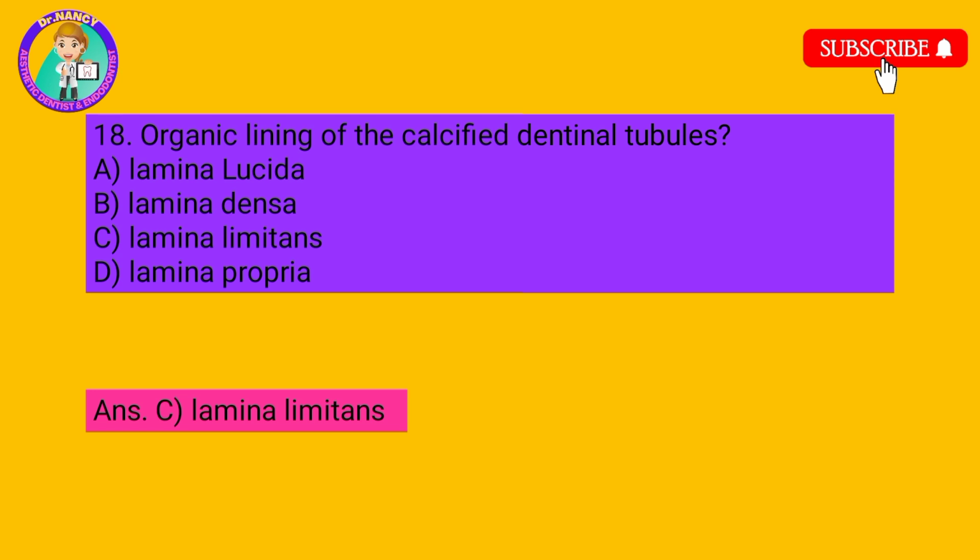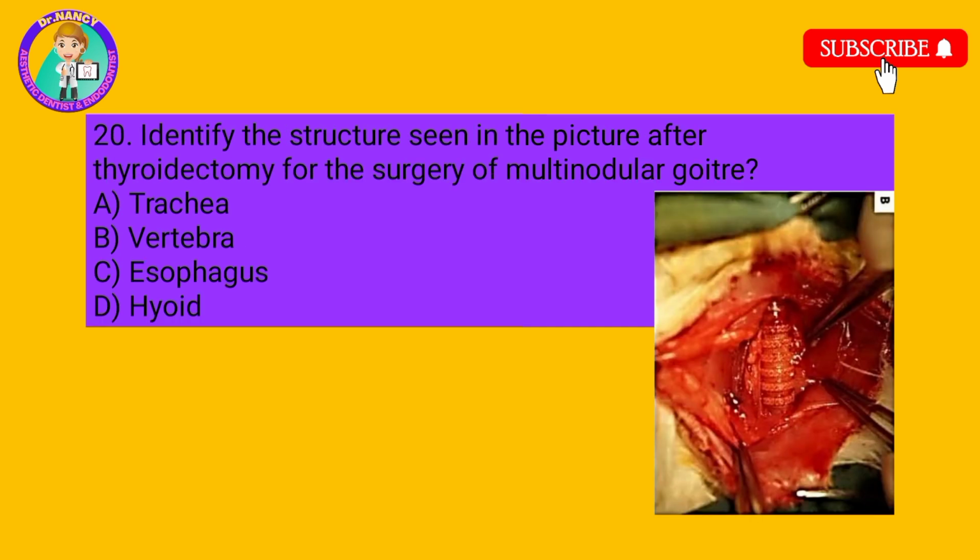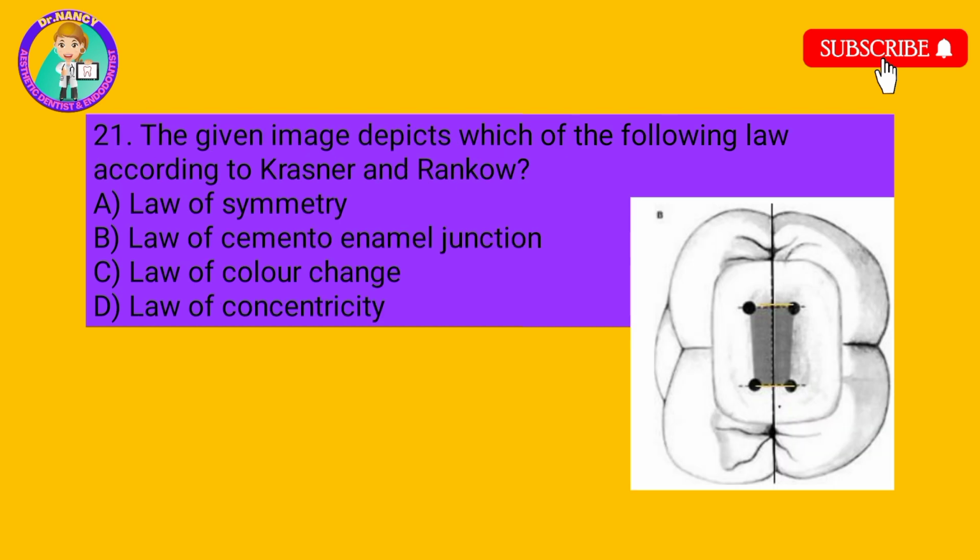Answer: lamina limitans. Drug of choice in PSVT condition is adenosine, furosemide, lignocaine, prilocaine. Answer: adenosine. Identify the structure seen in the picture after thyroidectomy for the surgery of multinodular goiter. Trachea, vertebra, esophagus, hyoid. Answer: trachea. The given image depicts which of the following laws according to Krasner and Rankow?